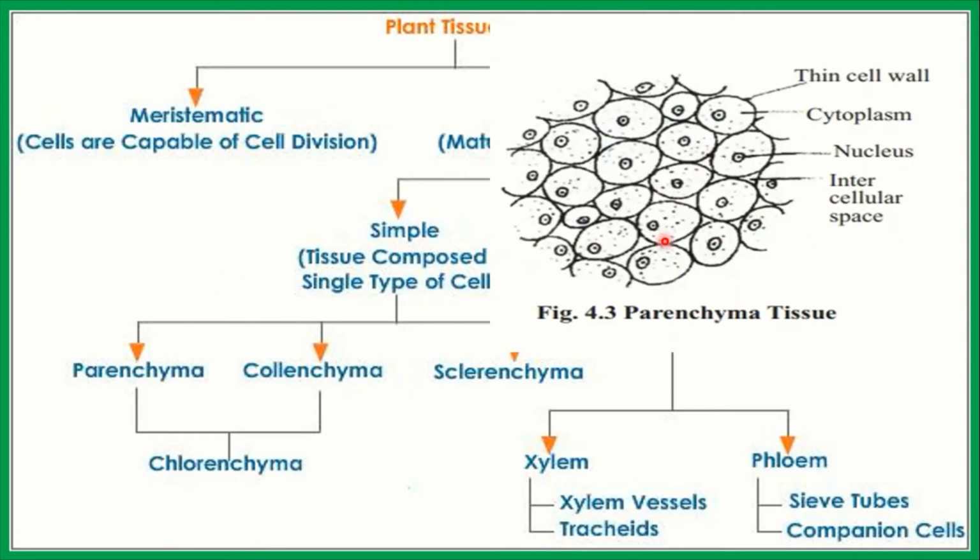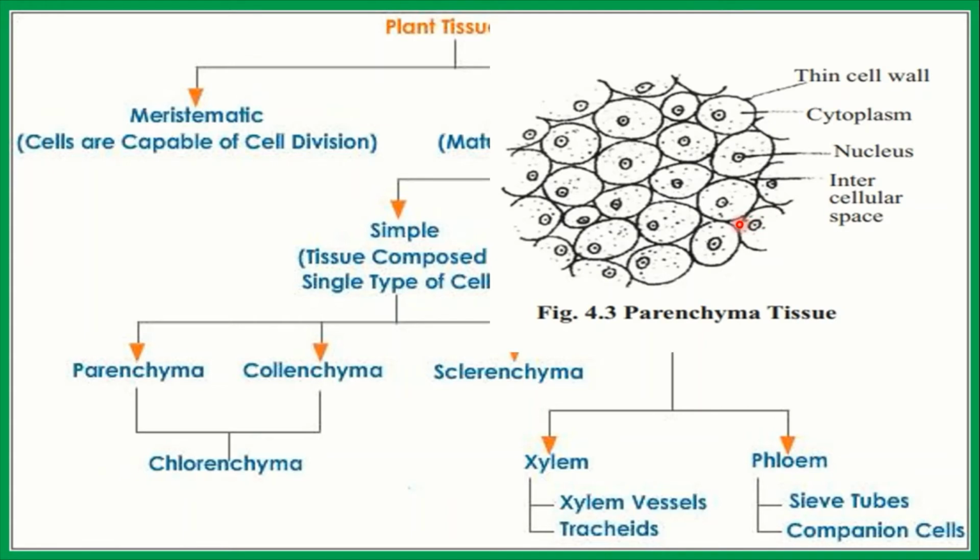This one is the parenchyma tissue. So parenchyma is one kind of simple tissue. Parenchyma cells are seen in almost every part of plants. Cells of this type are living, okay, because each cell contains a large amount of dense cytoplasm and nucleus.